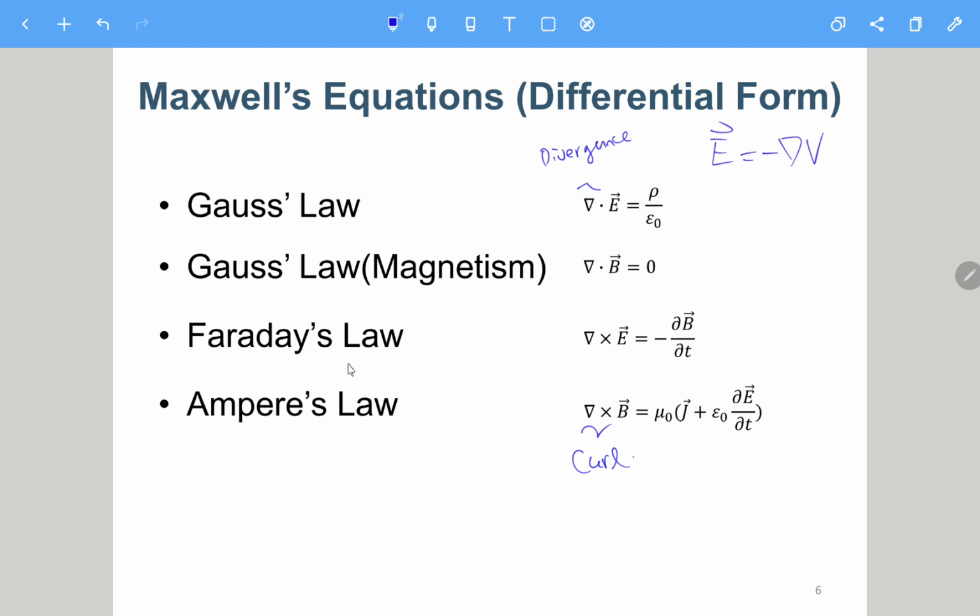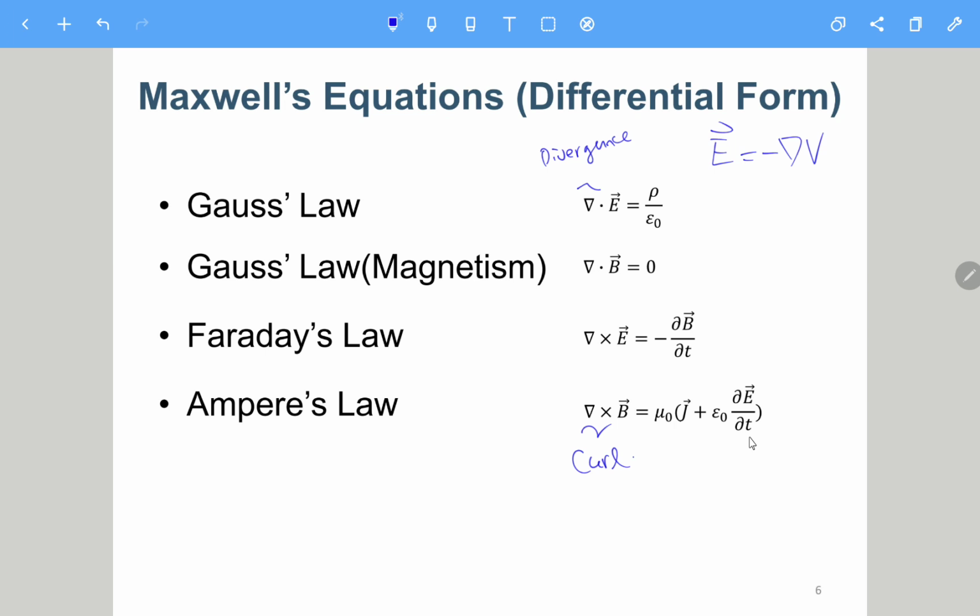Okay. And then for Faraday's law, we have the curl of the E field equals the negative partial derivative of the B field with respect to time. And for Ampere's law, the curl of the B field equals mu naught multiplied by the current density plus epsilon naught times the partial derivative of the E field with respect to time.